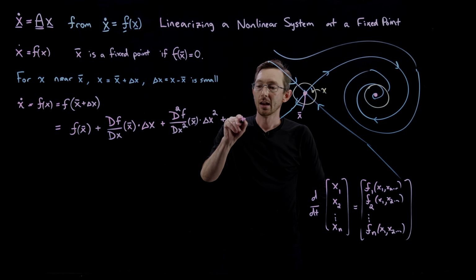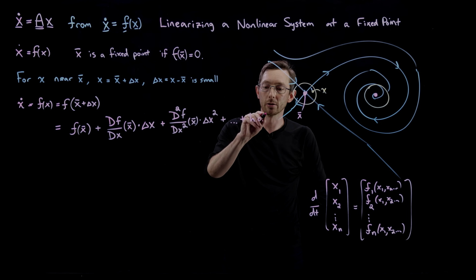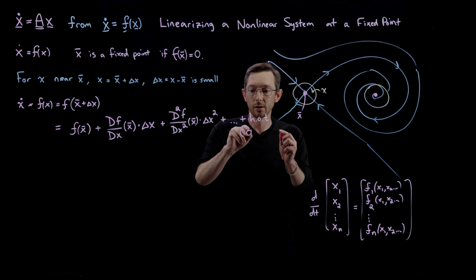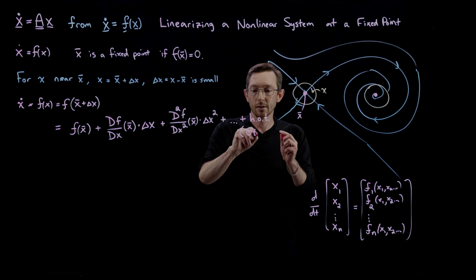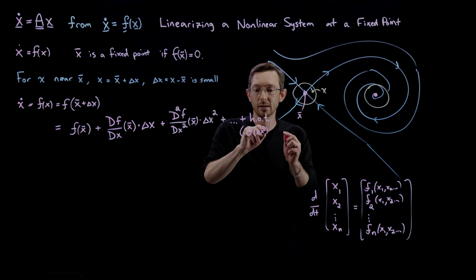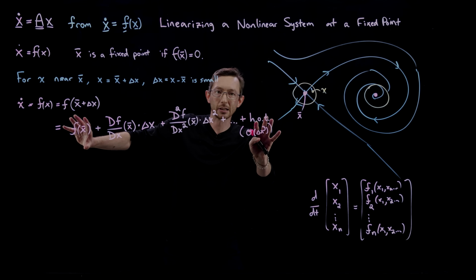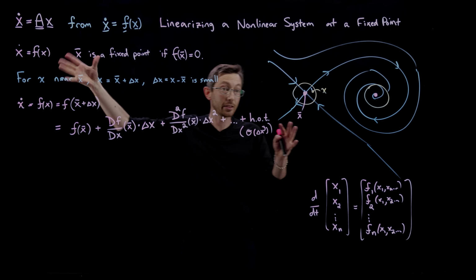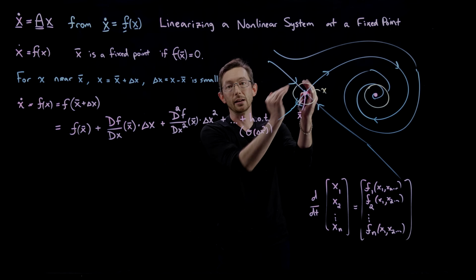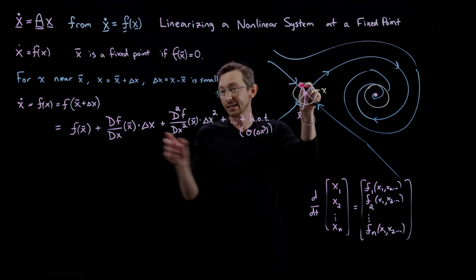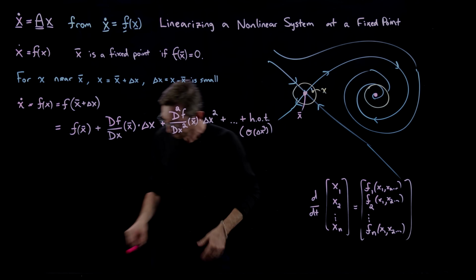Sometimes we just say plus higher order terms, or plus order delta x cubed and higher. That's another way to write it. So this is the Taylor expansion of my nonlinear dynamics, zoomed in around a fixed point x bar, where I'm only a little delta x away from that fixed point.